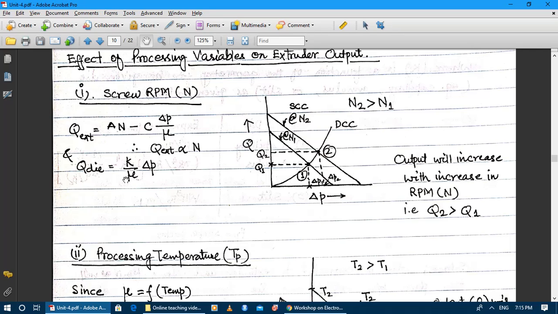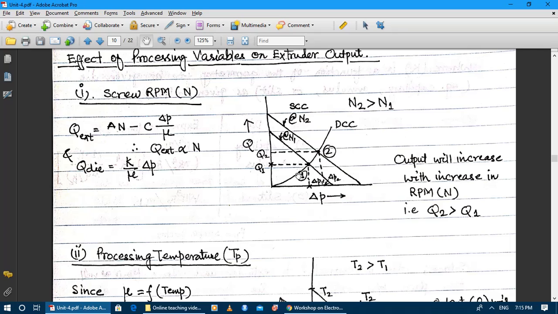And we know from the viscometric plot for a polymer that when we increase the shear rate, the viscosity of the resin will drop. You can refer back to unit 3 for the viscometric plot. So by increasing the RPM, the viscosity will drop, and by the dropping of the viscosity, the die output will increase.